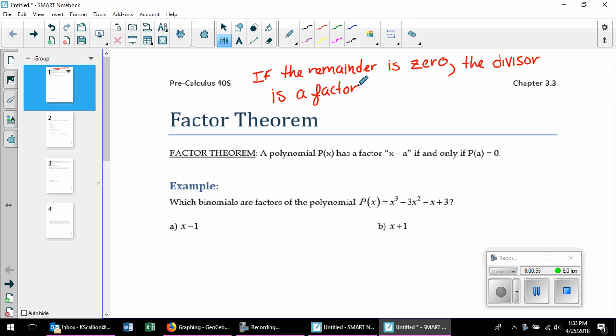The dividend is the thing getting broken down, the divisor is breaking it into parts. What it's saying is if the remainder is 0, the divisor is considered a factor of the dividend. So when you're checking to see if a number is actually a factor, let's talk about 12.